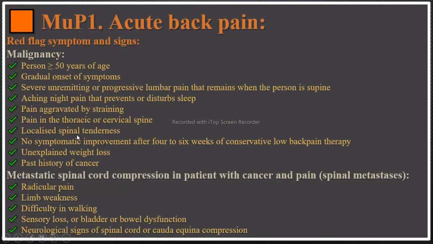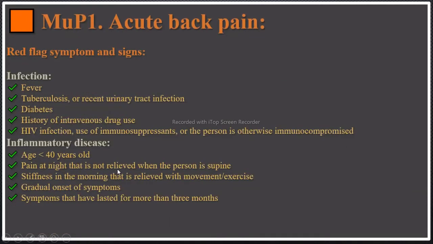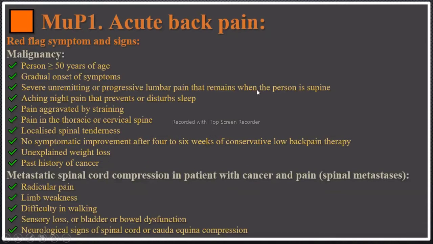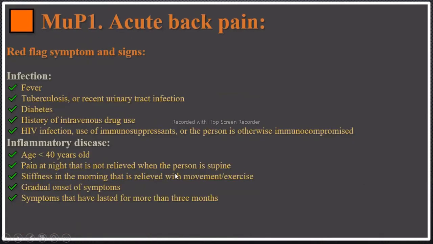Aching night pain is not relieved when the person is supine, but in malignancy it remains when the person is supine. Okay. Stiffness in the morning is specific for inflammatory. If you find that in the scenario, it's inflammatory. Relieved with movement, exercise, specific.